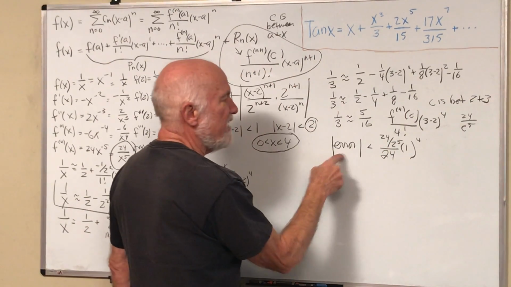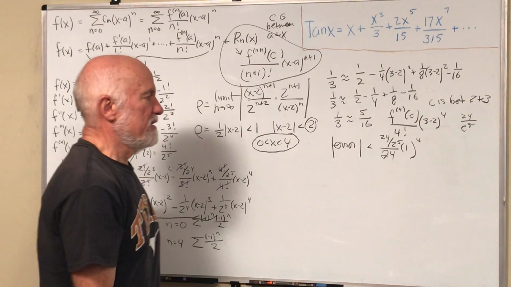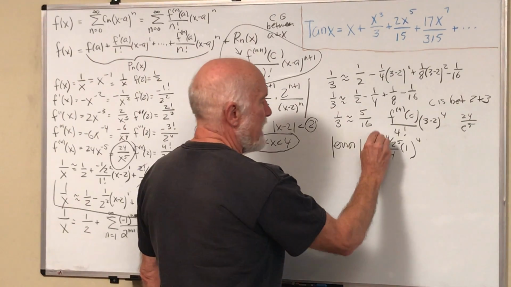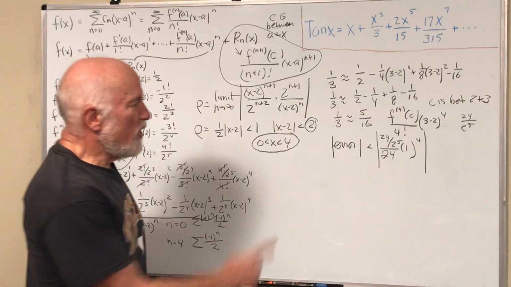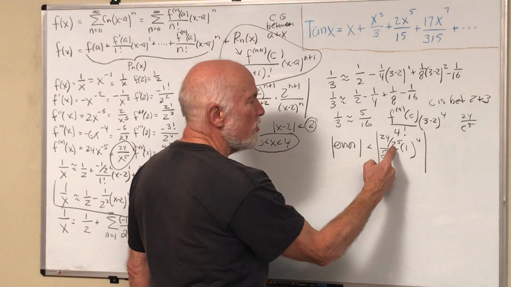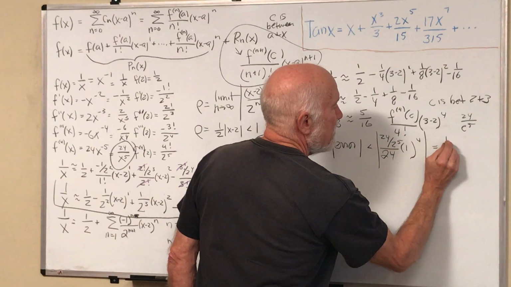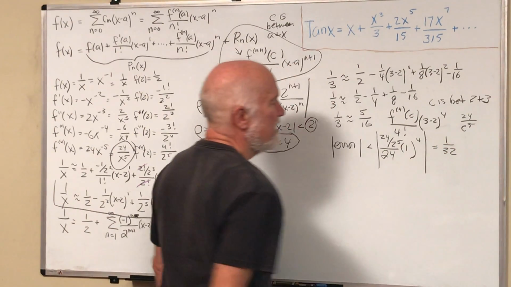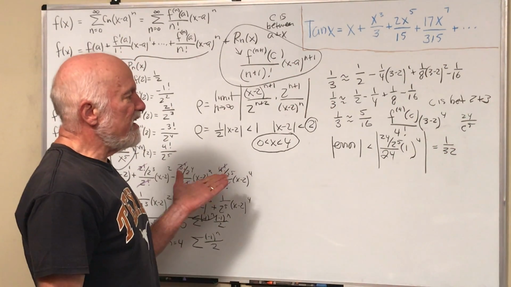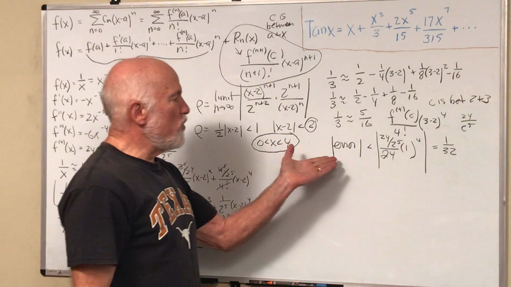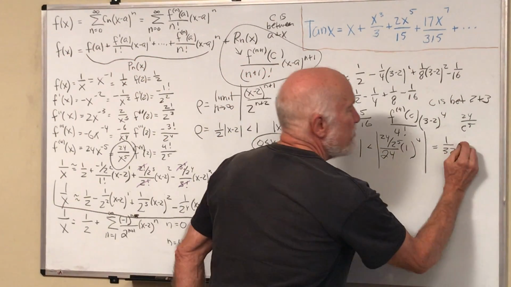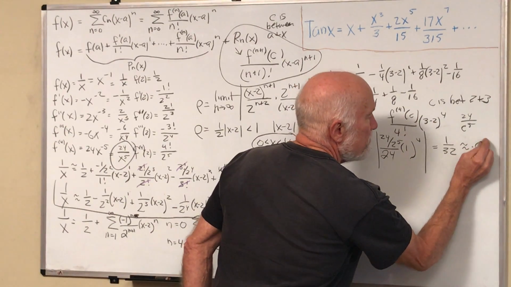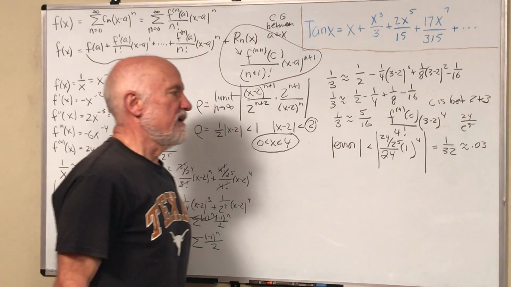now we know the error is less than that. You could put an absolute value, but I see everything is positive there. The 24s cancel out, and I get 2 to the 5th. So what we've done is we've shown that the error is less than 1/32, approximately 0.03.